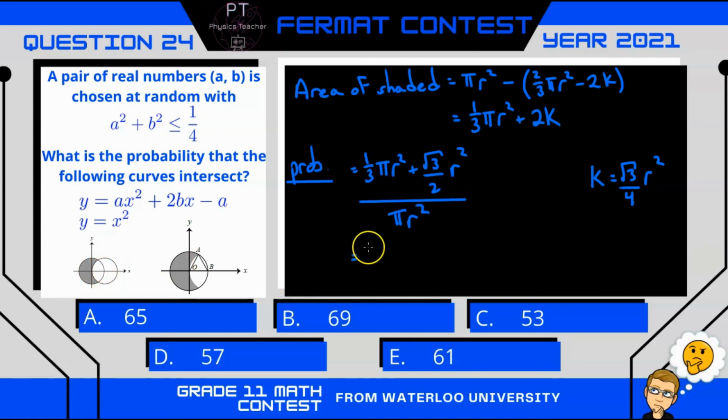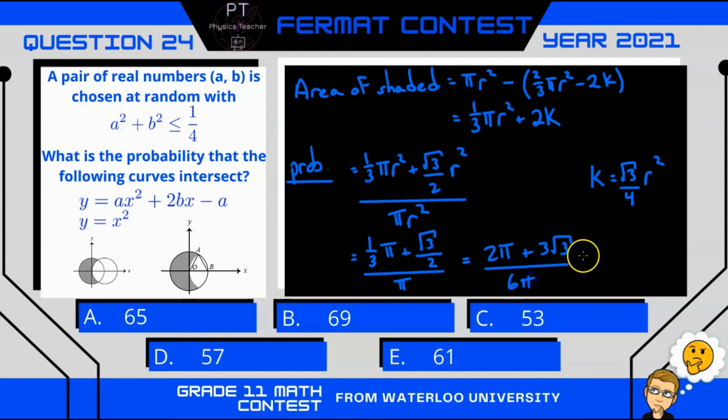And this can reduce to 1/3 pi plus root 3 over 2, all over pi. So all the r squares can cancel. And you can plug that in your calculator, or you can further reduce it using the common denominator of 6. So we have 2 pi plus 3 root 3 over 6 pi, which is approximately equal to 0.609, or 61%. So our answer is E.